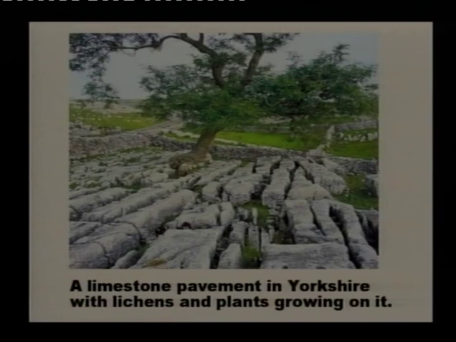Prior to that, that pavement would have been all limestone, but something could have happened to have resulted in the split between the different blocks that you can see in that photograph.